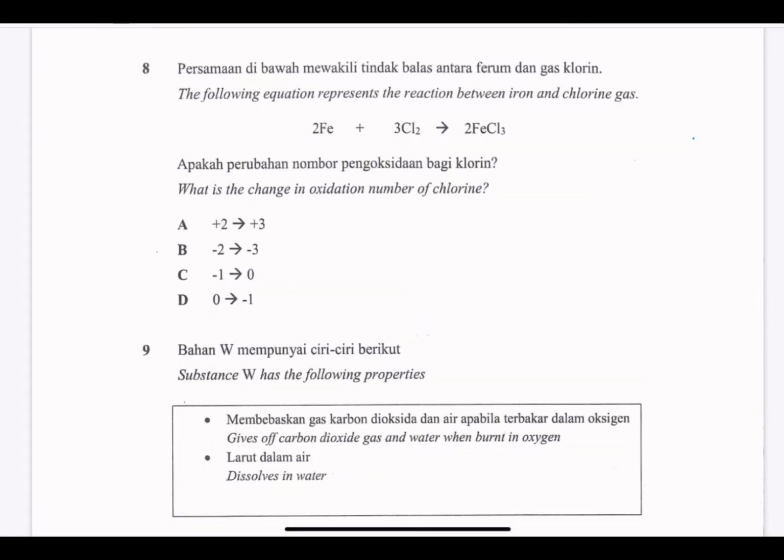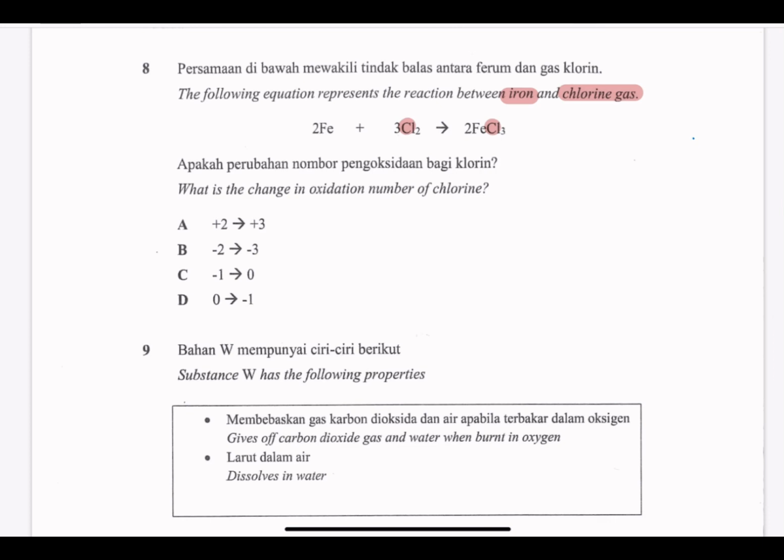Okay, continue with question number 8. The following reaction represents the reaction between iron and chlorine gas. What is the change in the oxidation number of chlorine? So we're looking for the chlorine, so the chlorine and the chloride.